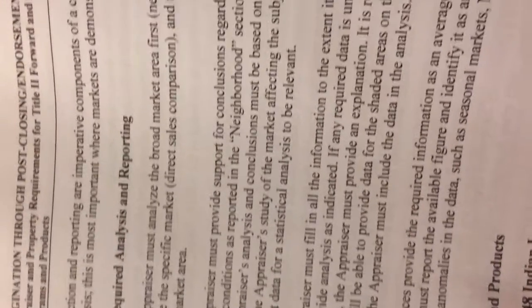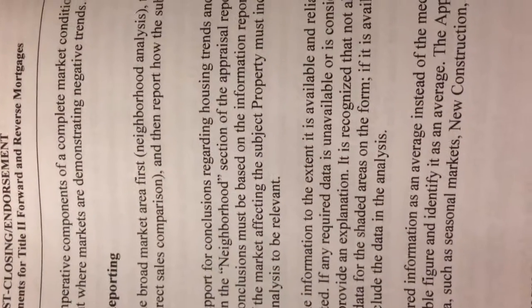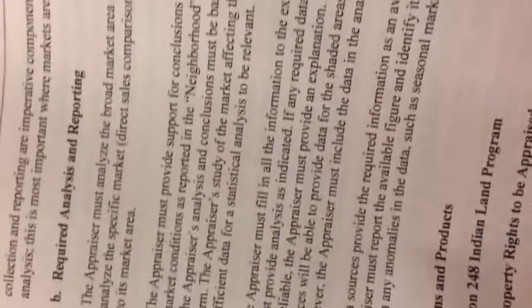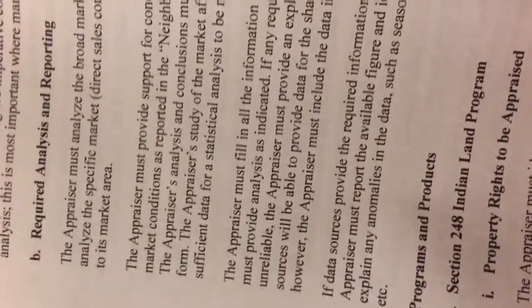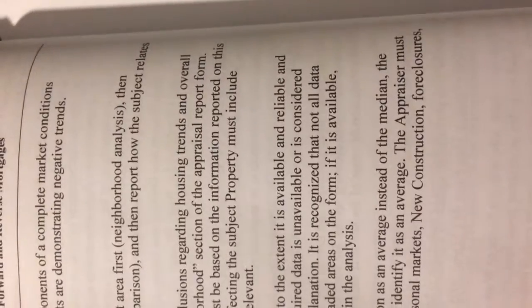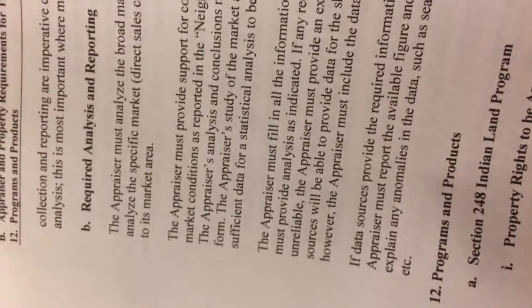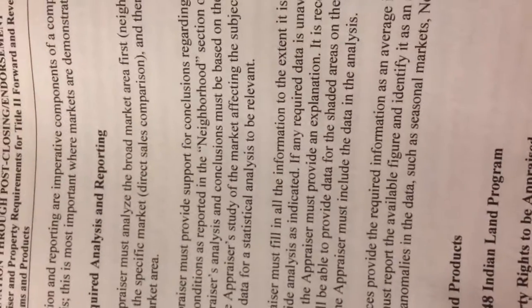The appraiser's study of the market affecting the subject property must include sufficient data for a statistical analysis to be relevant. The appraiser must fill in all the information to the extent it is available and reliable, and must provide analysis as indicated.